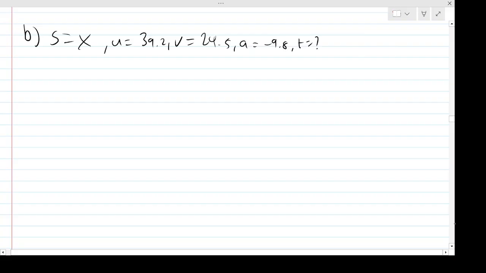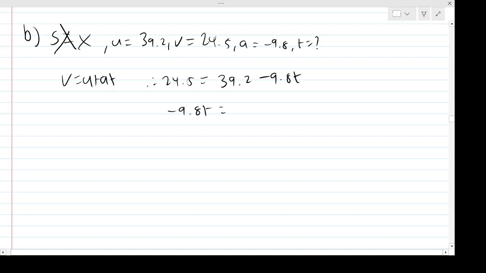So the formula that excludes S is V is U plus AT. So 24.5 is going to be 39.2 minus 9.8 lots of T. Then we solve this for T. If we do 24.5 take away 39.2, we get minus 14.7.